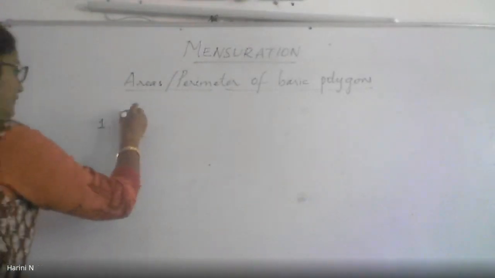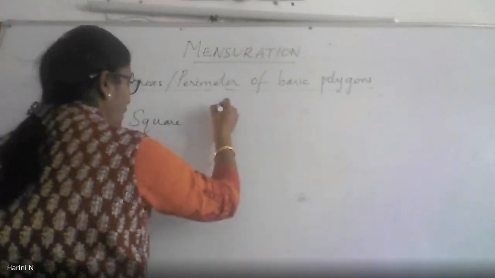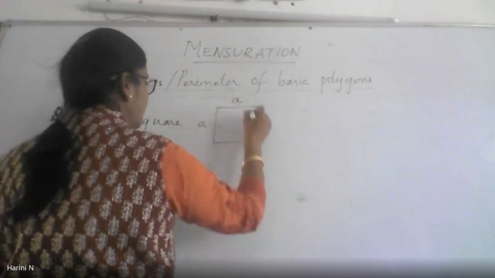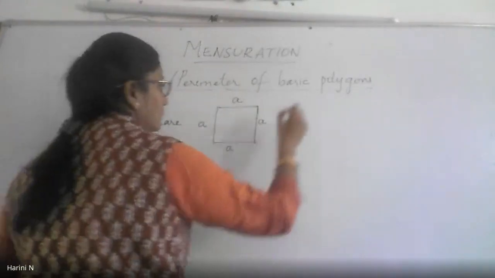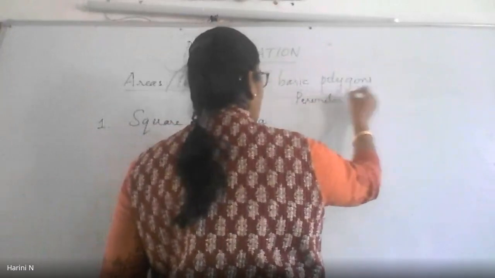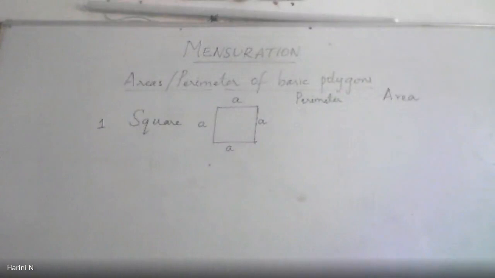The first one, we will take up a square. You can draw a square whose side we will mark as some A units. So this is the perimeter first you will write. Then you will write down the area. This is how we will go about for each figure.